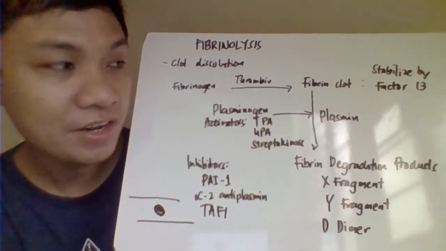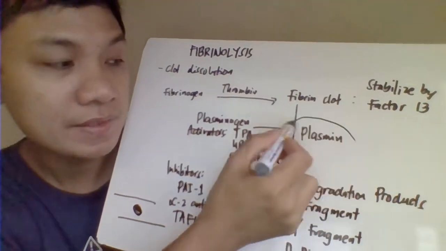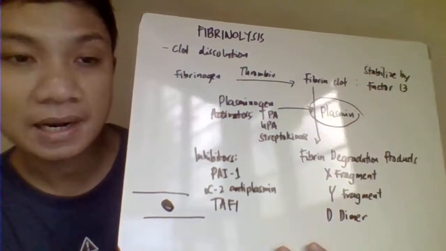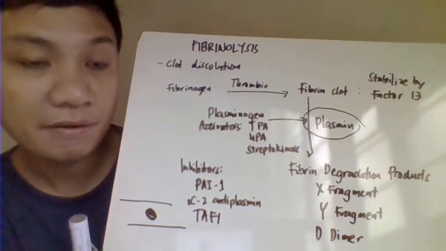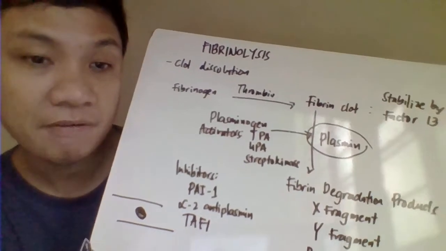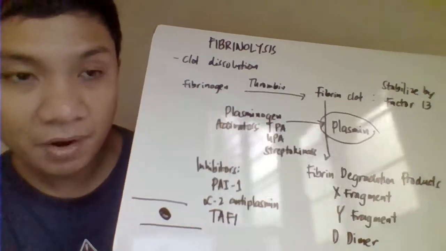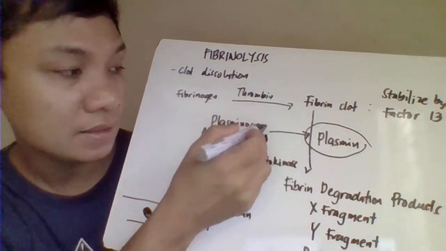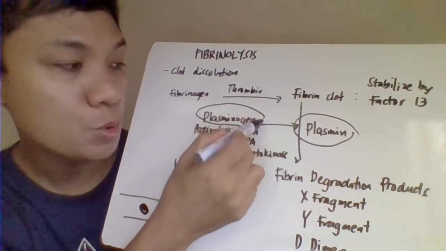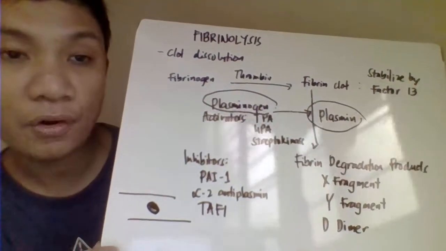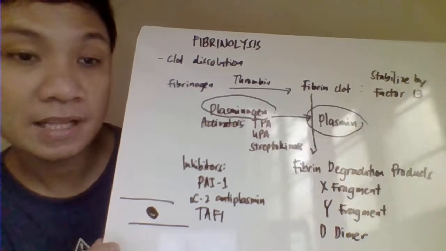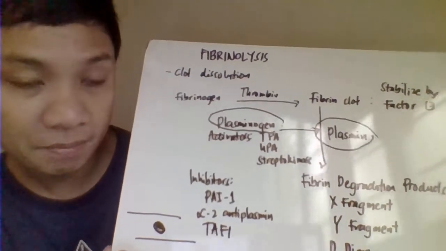Okay, but then again, your plasmin, since this is responsible for the clot dissolution, is produced by our liver primarily in inactive form, the form of your plasminogen. So you need to convert this to the active form, the plasmin, before it can act on our fibrin clot to convert that to your fibrin degradation products.